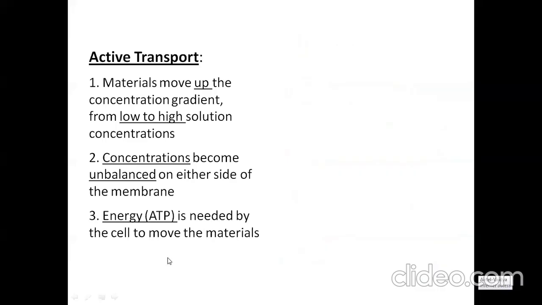Active transport requires more energy to transport the molecules inside or outside the cell membrane. It needs energy in the form of ATP, adenosine triphosphate, the energy currency. Here the molecules move from lower concentration to higher concentration.